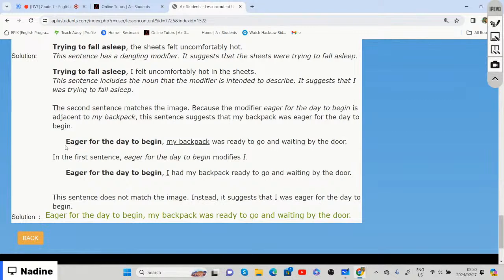So in this case, remember I said that the backpack looks kind of naughty, as if it did something. Which gives us the idea that this backpack is eager to start the day, right?